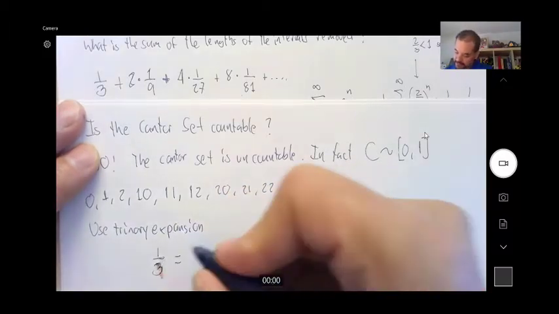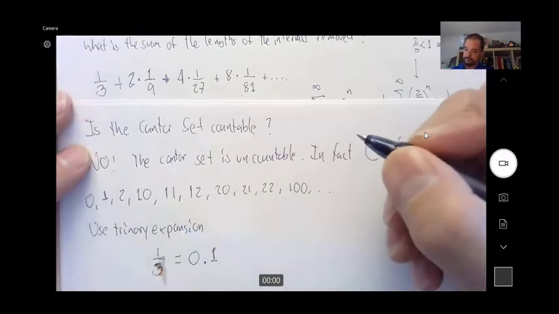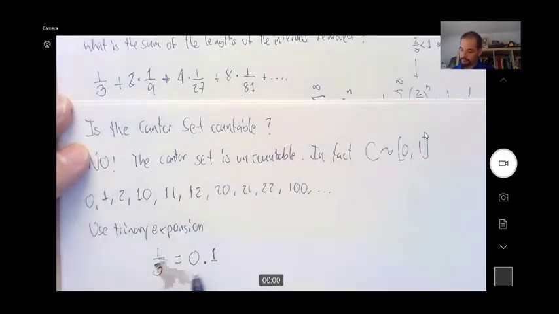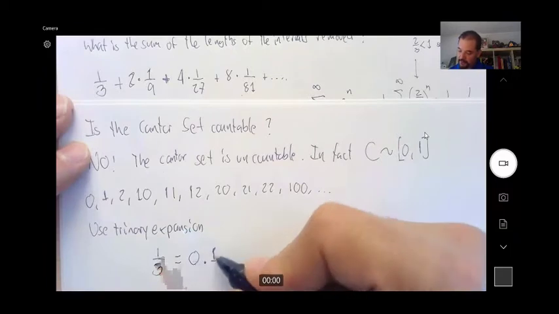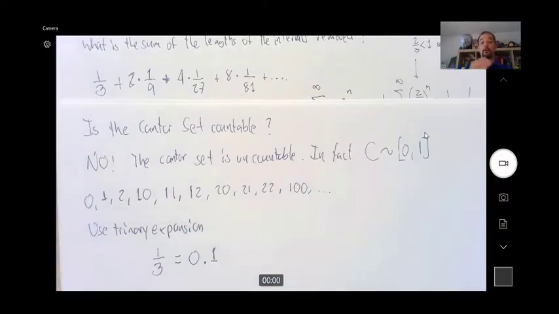Well, 1/3 is exactly 0.1, because these are units, these are 1/3. When we use decimal expansion, we go by powers of 10. When we use ternary expansion, we go by powers of 3.